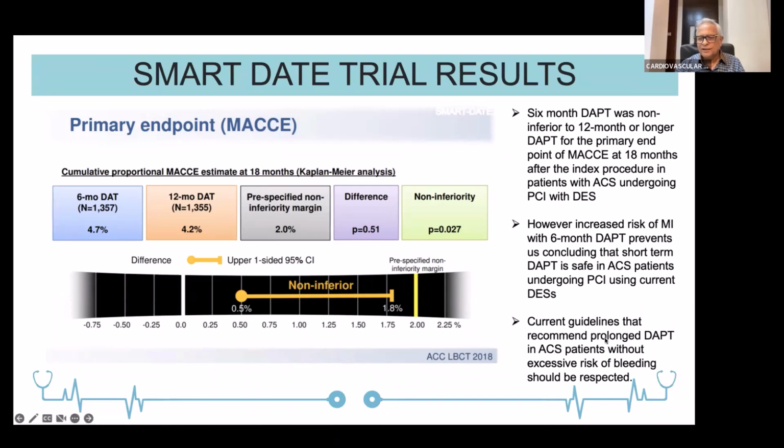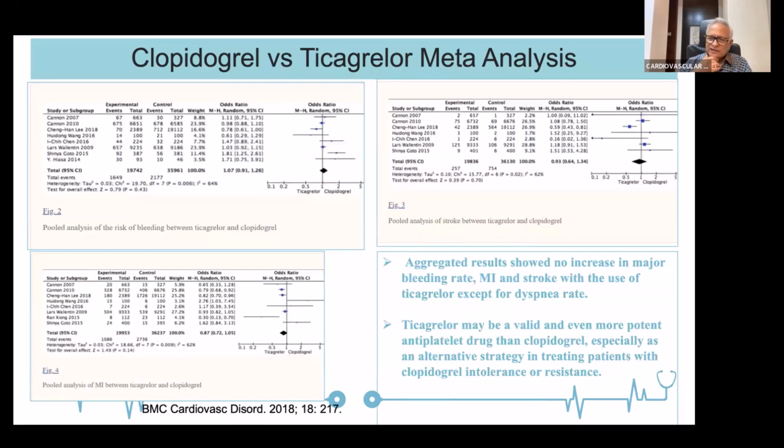So current guidelines recommend that prolonged DAPT in ACS is very important. Otherwise, if you stop prolonged DAPT of 1 year in ACS, you will have recurrent MI, and you need to use ticagrelor. Clopidogrel and prasugrel also reduce MI, but ticagrelor is more potent.